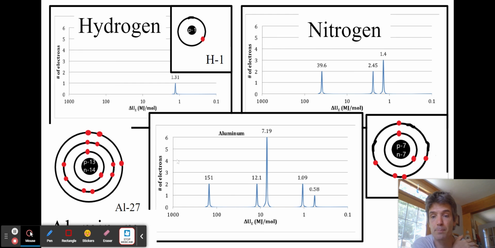Why is this? Well, it all has to do with the nuclear charge. These inner electrons, or core electrons, are so much more tightly bound because the nuclear charge in the nucleus is so much more significant. So here in aluminum, we've got 13 protons to these 2 electrons, whereas in hydrogen, you only have 1 proton.